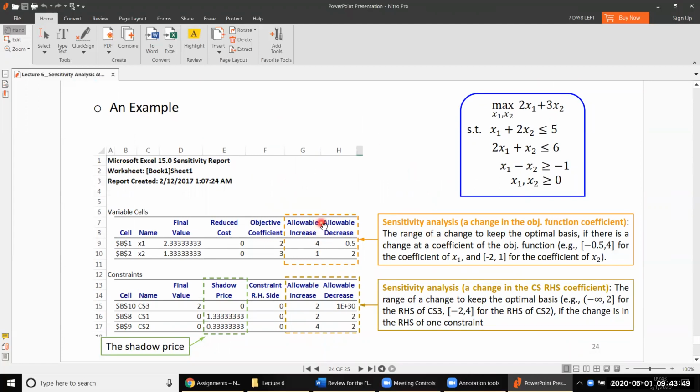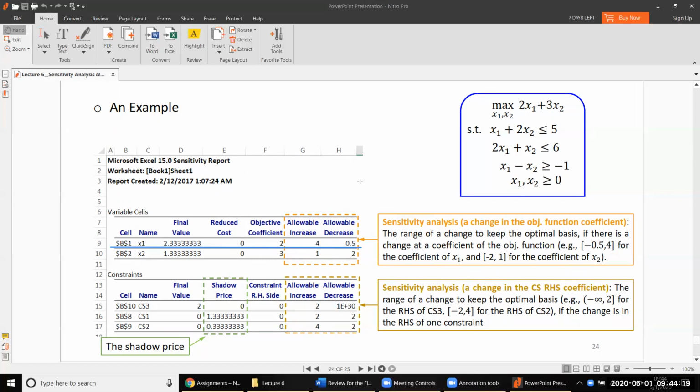And the second thing, you need to tell me the allowed change. I'm talking about here. This corresponds to x1, see it? The allowed increase of the x1 coefficient is 4. The allowed decrease is 0.5. In other words, your delta should be between negative 0.5 and positive 4. See it? That is the thing that you need to tell me.